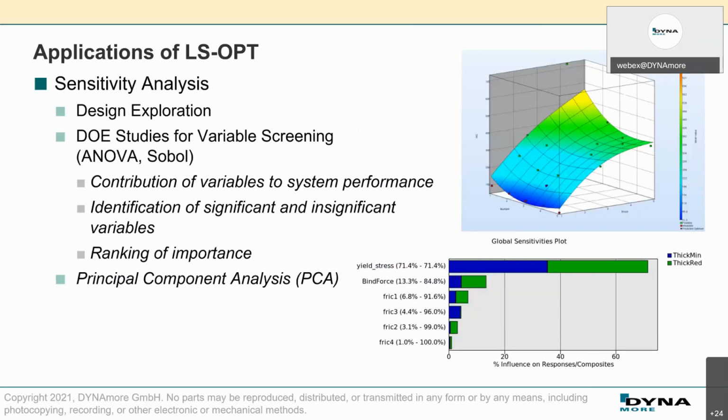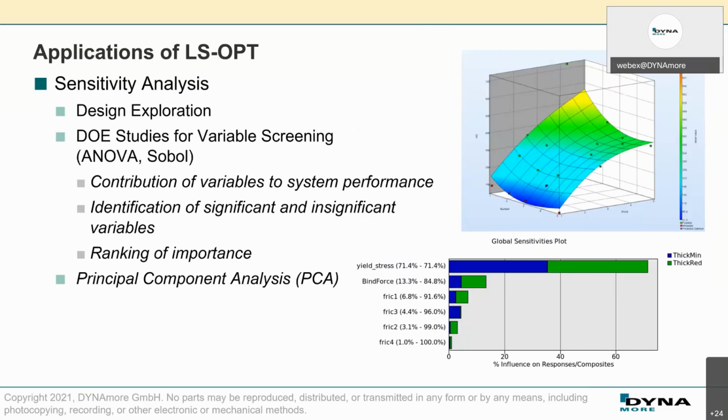LSOpt can not only be used for optimization, but also for sensitivity analysis. So LSOpt can be used for design exploration, for example, using the visualization features of the simulation points, the metamodels, and so on in the post-processing tool of LSOpt. And also DOE studies for variable screening can be performed in LSOpt. We have two sensitivity measures implemented in LSOpt, which are ANOVA and SOBOL.